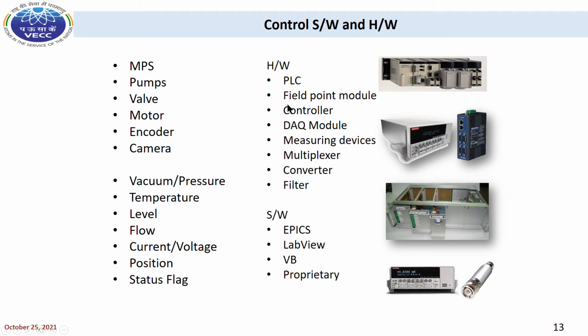So here we see elements of control software and hardware. These are the controlling or monitoring parameters. These are the different actuators. These are different types of controllers and their software. In the controller we see some of them are controllers and some of them are interfaces.